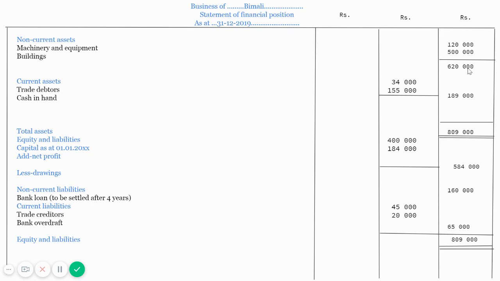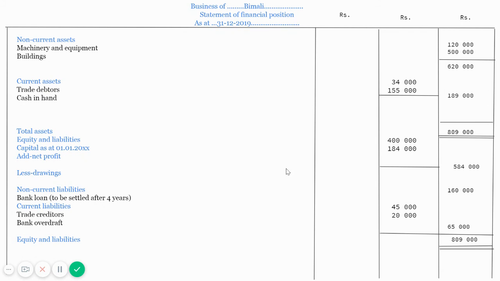The two totals will give you the total assets of the business, which is going to be 809,000 when you add all the non-current assets to the current assets. In Bimali's business, the total assets will be 809,000 rupees.